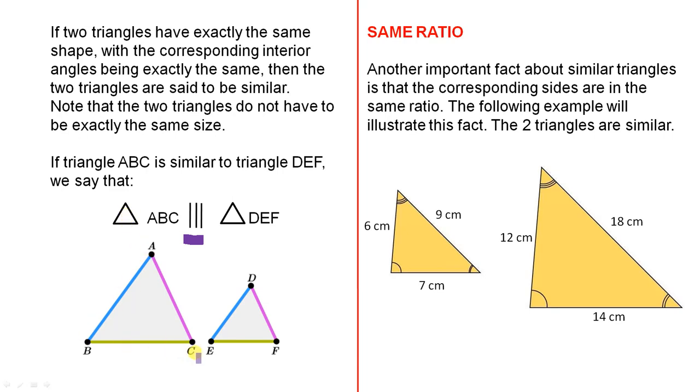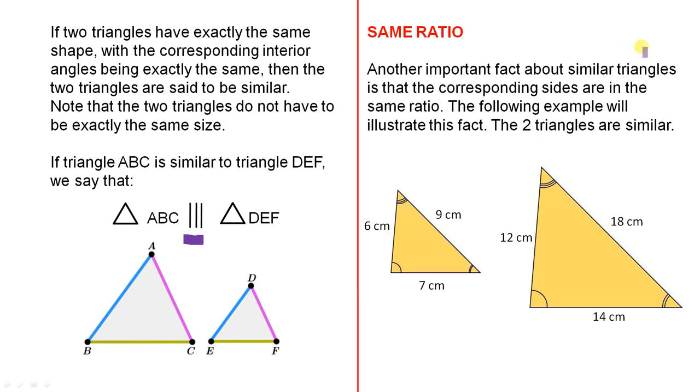So ABC is similar to DEF. We can see that the triangles are the same shape, and angle A is equal to angle D, angle C is equal to angle F, and angle B is equal to angle E.